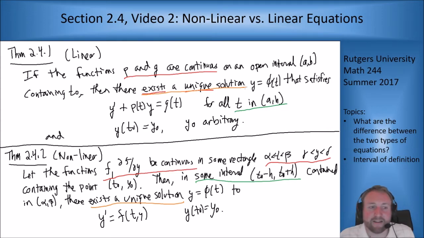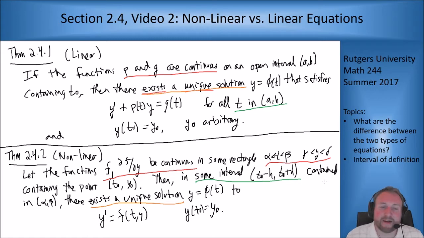On the other hand, for the nonlinear equations, I get a solution in some interval t0 minus h to t0 plus h. So I don't necessarily get all of alpha to beta. I just get some little subset. The reason is that I have a rectangle where I know things are continuous and nice. However, this rectangle being nice depends on y, which is my solution.